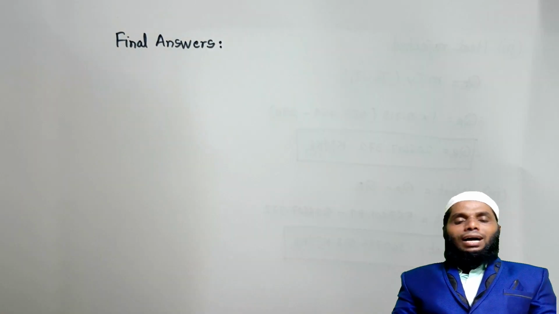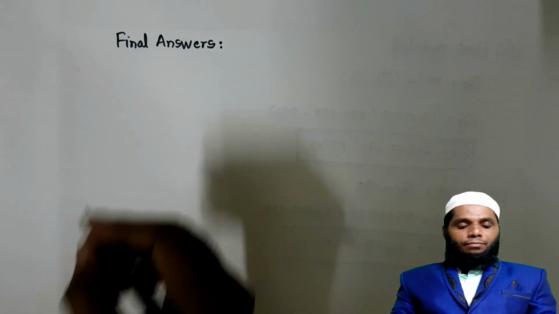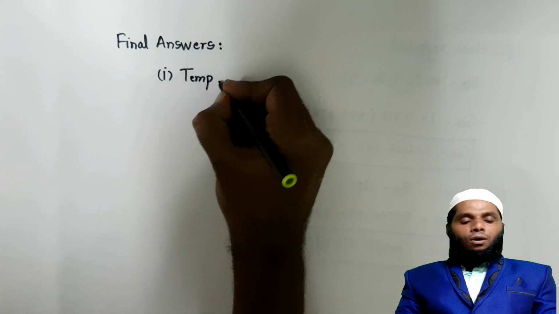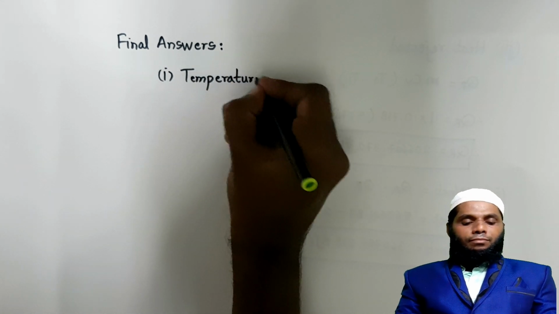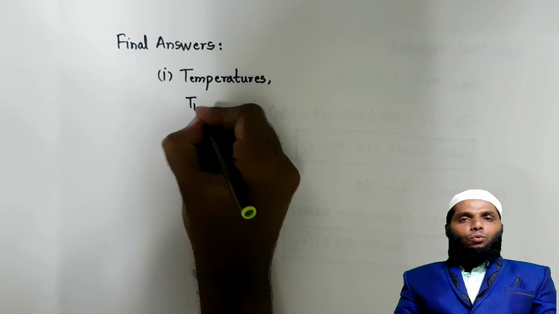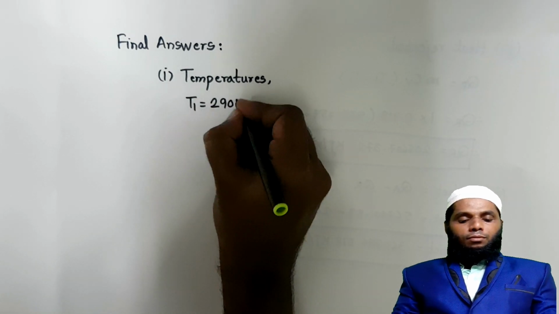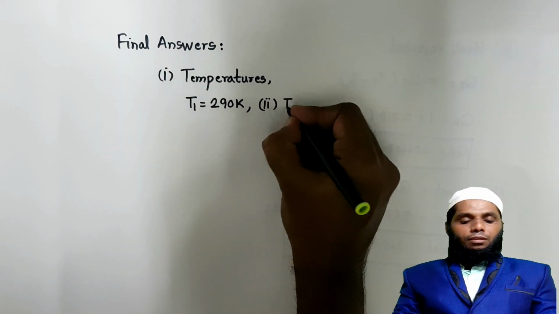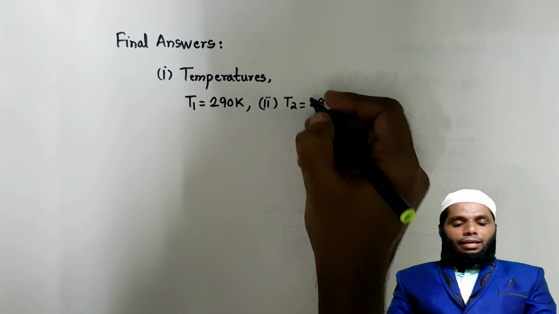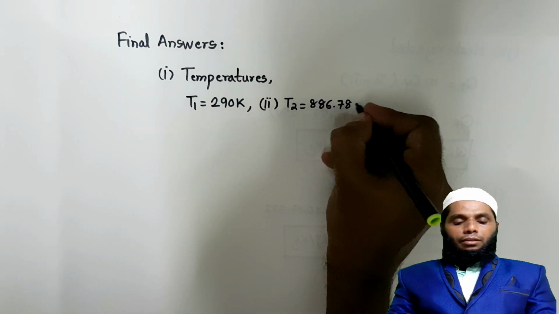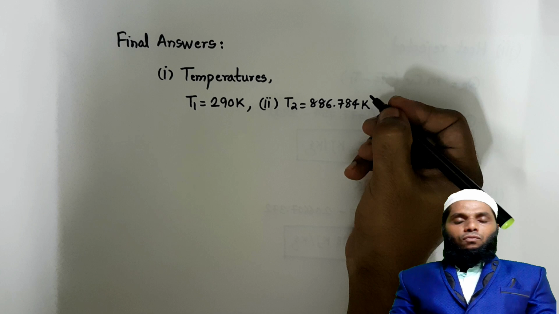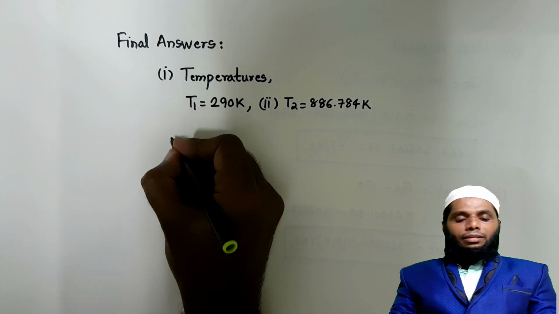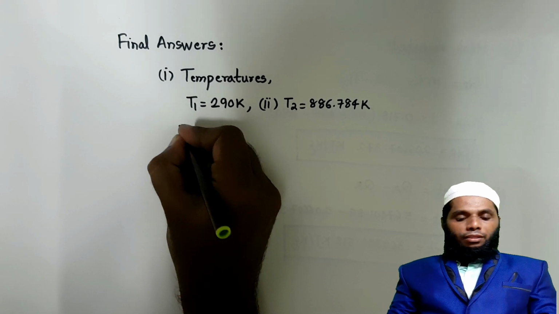So now we will write the final answers. First one, for all the temperatures at points 1, 2 and 3. The temperature values we found: T1 already given 290 Kelvin, T2 value we found after compression 886.78 Kelvin.